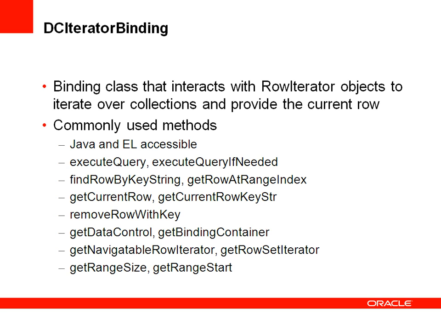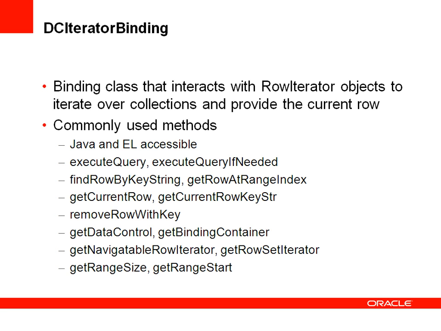The iterator binding, I mentioned very early, is just a way for you to iterate over a collection of data that you query from the business service, no matter where it's coming from, whether it's from a web service, a Pojo, or ADF business components. It exposes a couple of methods for you to play with. You can execute a query, you can find a specific row by the key string, or you can look up a specific row in the binding by its index.